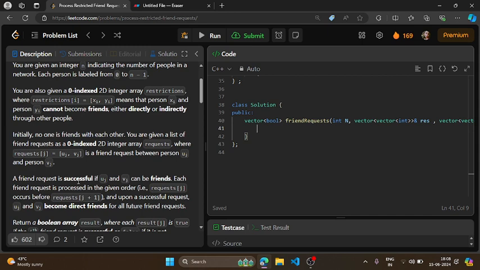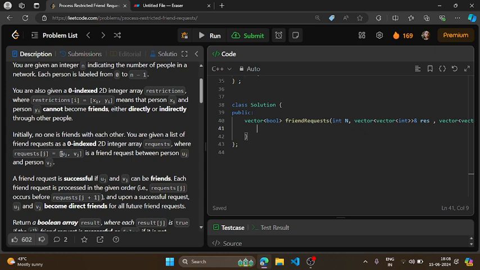And now we are given a list of friend requests. A request[j] simply means uj and vj want to be friends, a friend request between the two persons u and v.